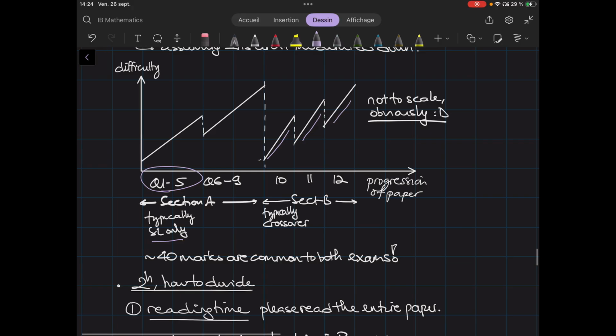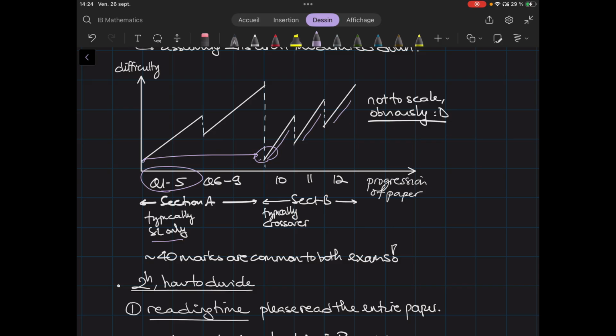The start of question 10 will start at the same level as question 1, ideally, and will pick up a bit over time. At the end, the last part of question 10 is usually the hardest part of the entire question. 11A is then a step down from the last part of 10 because they want you to keep pushing.